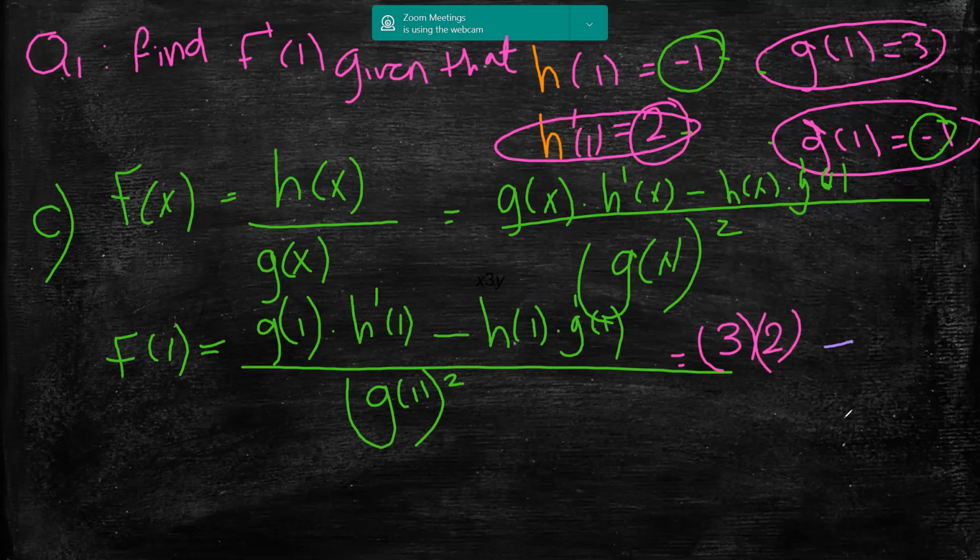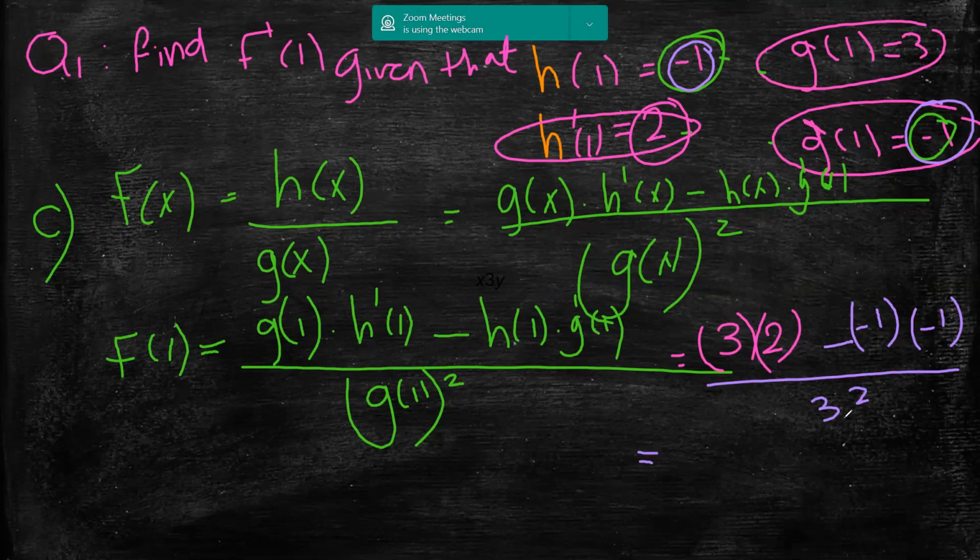Then minus h of 1, it is -1, times g prime of 1, it's also given, it's -1, over g of 1 squared. G of 1 is 3, so it will be 3 squared. So 3 times 2 is 6, minus 1 over 9, which is 5 over 9.